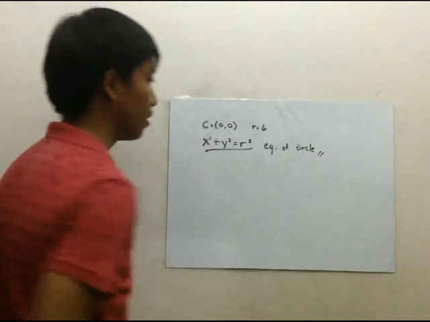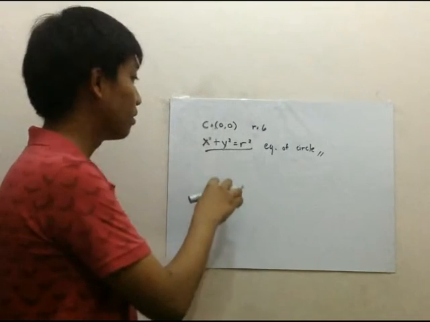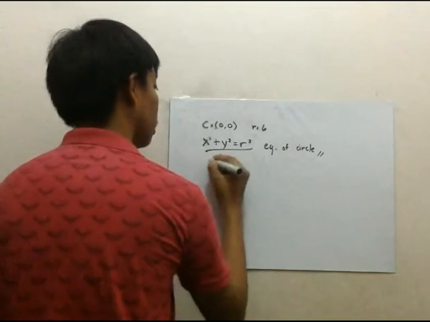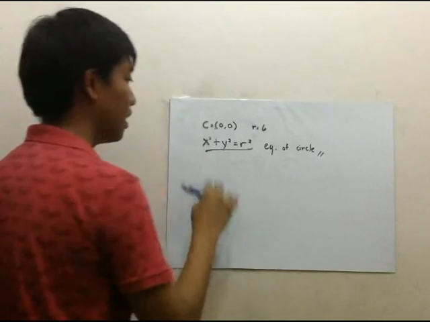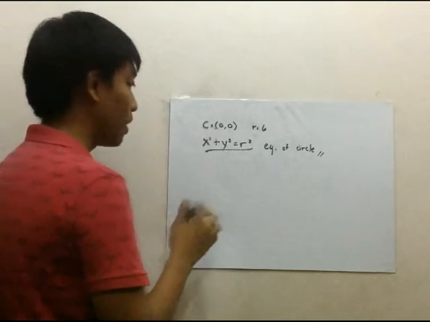Now, let's substitute the x and y and the radius. Let the x be x and let the y be y.